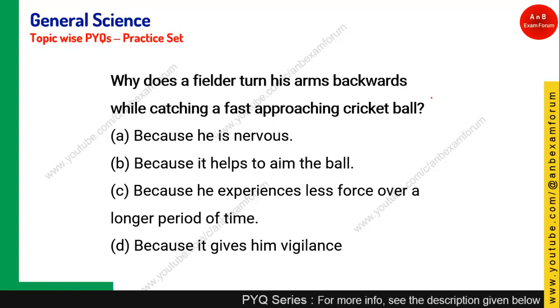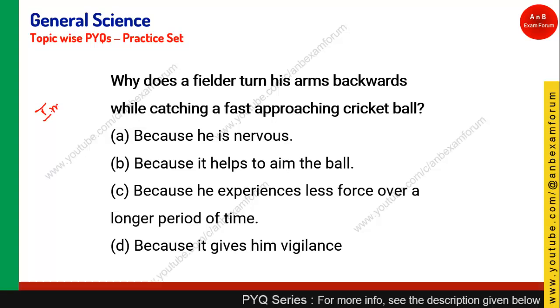Why does a fielder turn his arm backward while catching a fast approaching cricket ball? This is basically the concept of impulse. Impulse is represented by J. It is force into time. Impulse is force times time.